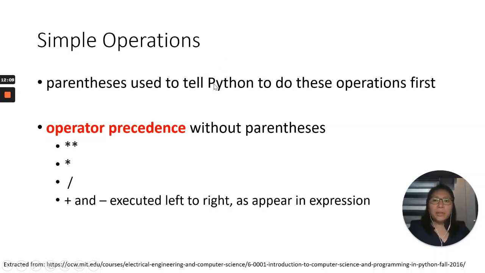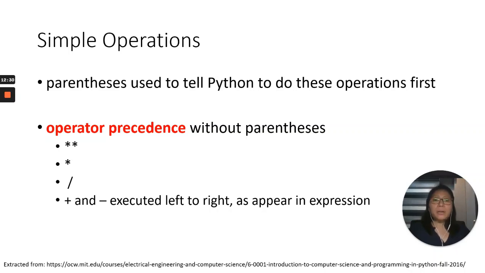Parentheses in Python are used to tell which of the operations will be evaluated first. So that's the use of parentheses. And in most programming languages, that's also the case.